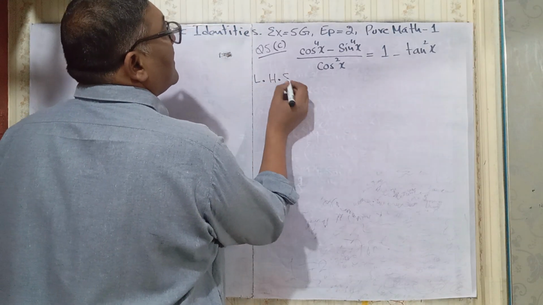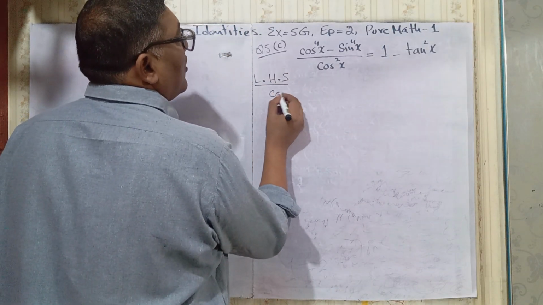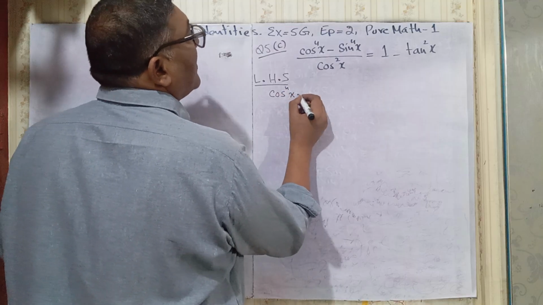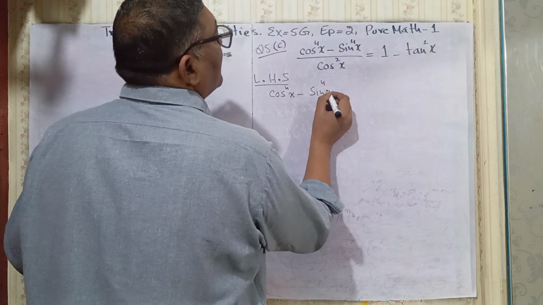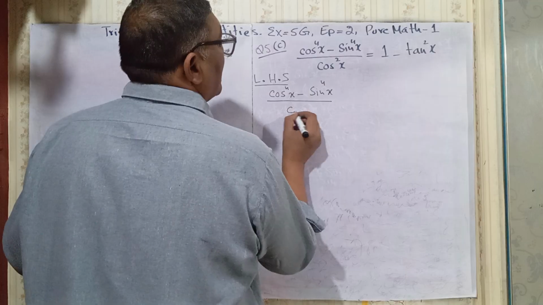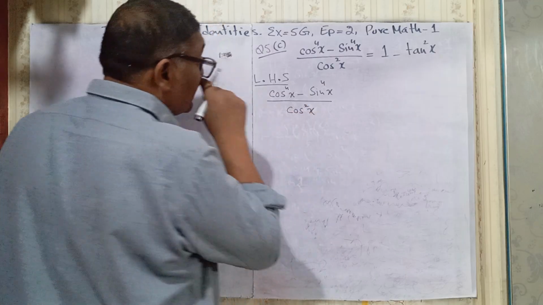The left hand side is cos⁴x minus sin⁴x divided by cos²x.